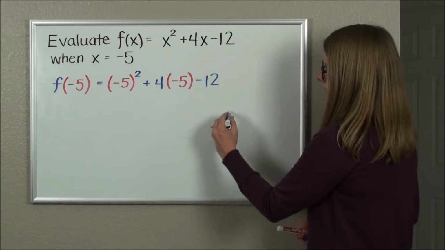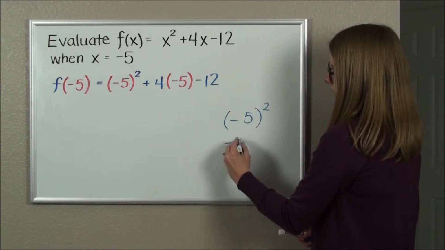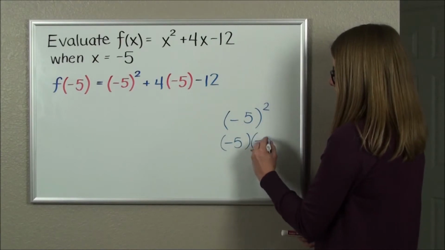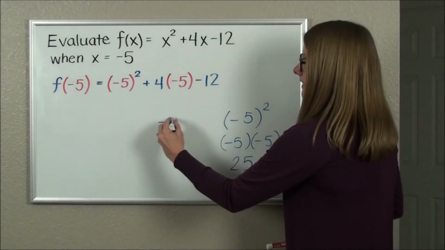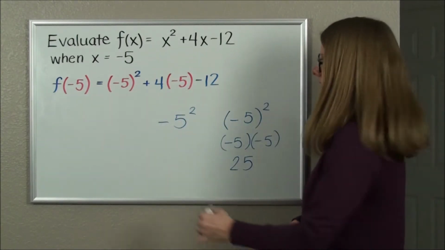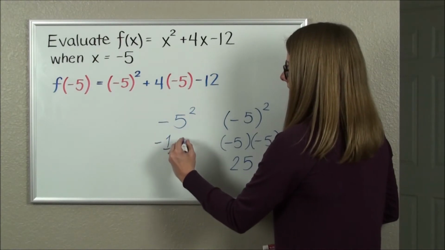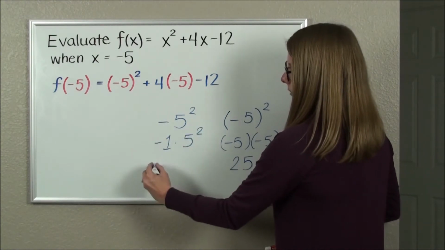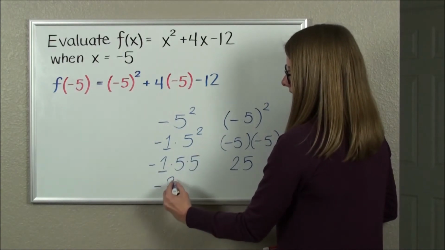Because when I'm looking at negative 5 in parentheses squared, that means negative 5 times negative 5, which is positive 25. If I didn't have parentheses on that, exponents are weak and they only affect what they're touching. Technically, what this actually looks like is negative 1 times 5 squared, or negative 1 times 25, which is negative 25.